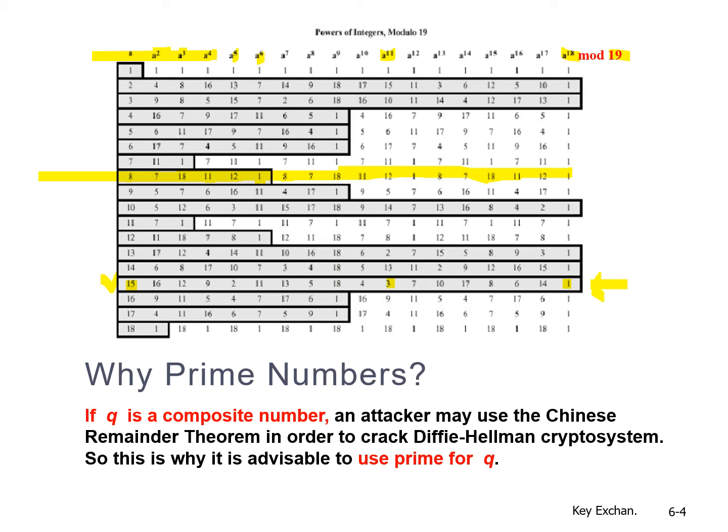Anyway, to protect from the enemy's cracking of the Diffie-Hellman cryptography system, the number q must be a prime number.